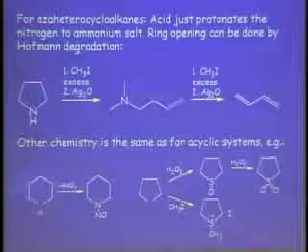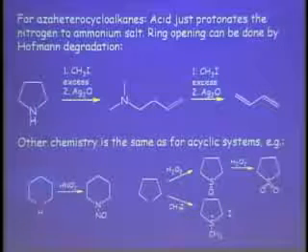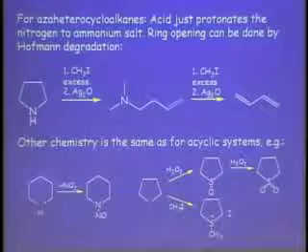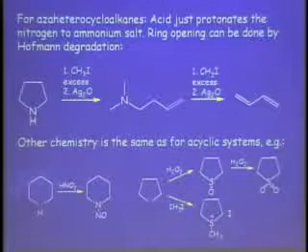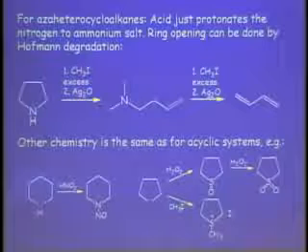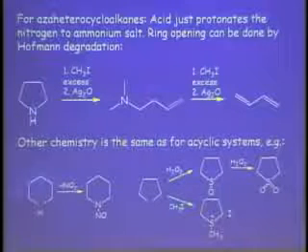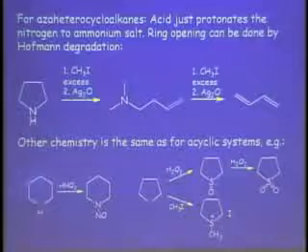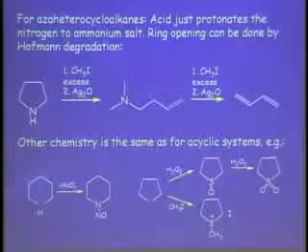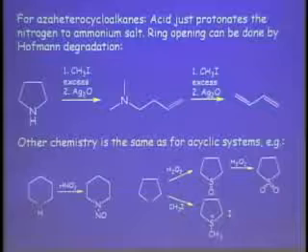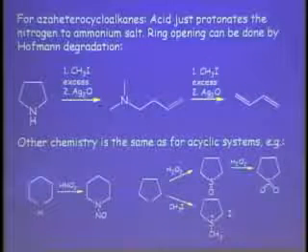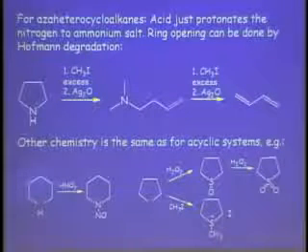And NO+ attacks the lone pair, and then you deprotonate and you make this. These N-nitrosamines, when they derive from secondary amines, are stable. Remember, when they're derived from primary amines, where you have a hydrogen sitting on here, it starts rearranging and eventually makes N2 and the carbocation. And for tertiary amines, of course, you can make the N-nitrosonium salts, but it doesn't go anywhere.